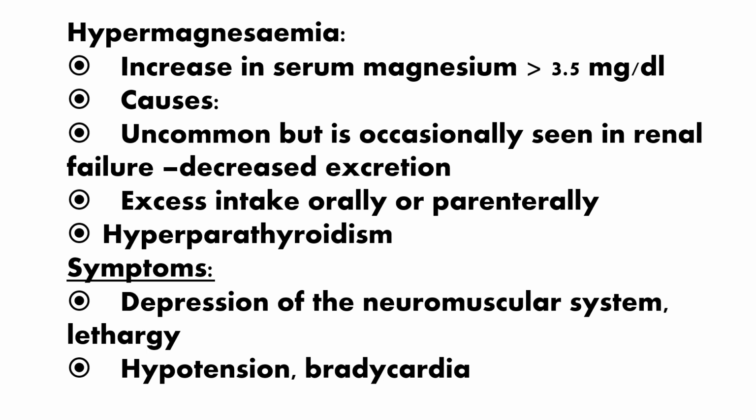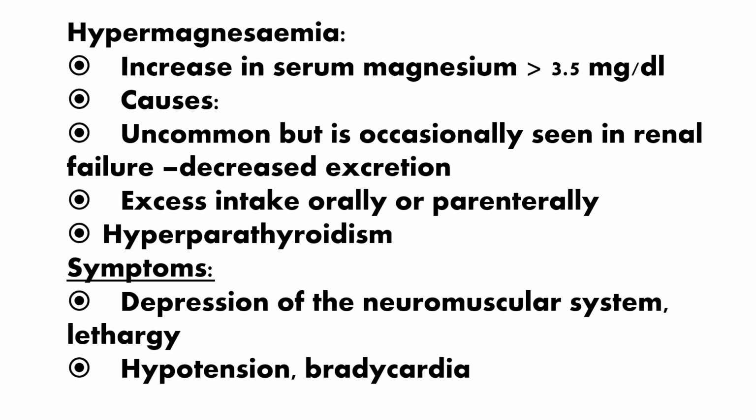Or when there is excessive intake, either orally or parenterally. When we say parenterally, it means via injection, intramuscular or IV, or when there is an endocrine disorder called hyperparathyroidism, when the parathyroid hormone is released in excessive amounts.